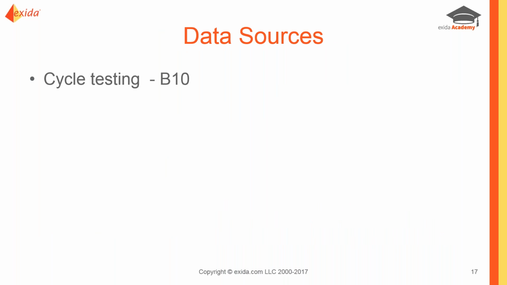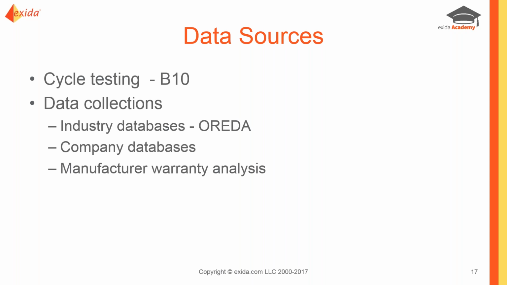When we're getting data sources for doing our calculations, one source we can look to, of course, is B10 cycling testing. Then there are some data collections out there. The Offshore Reliability Database is one example of a large pool of data where the devices were used in harsh environments or conditions.